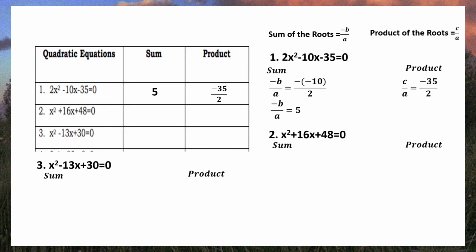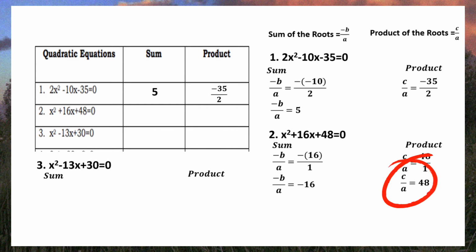For number 2, I have here x squared plus 16x plus 48 equals 0. So our b here is 16. Our a is 1, and negative 16 divided by 1 is negative 16. For the product, I have here c, which is 48. A is 1. 48 divided by 1 is 48. So our sum for number 2 is negative 16, and product is 48.